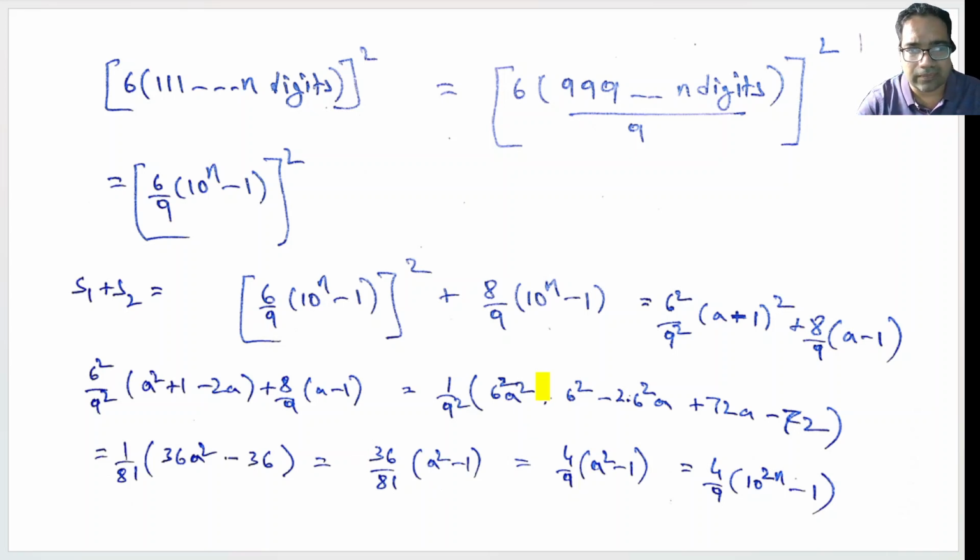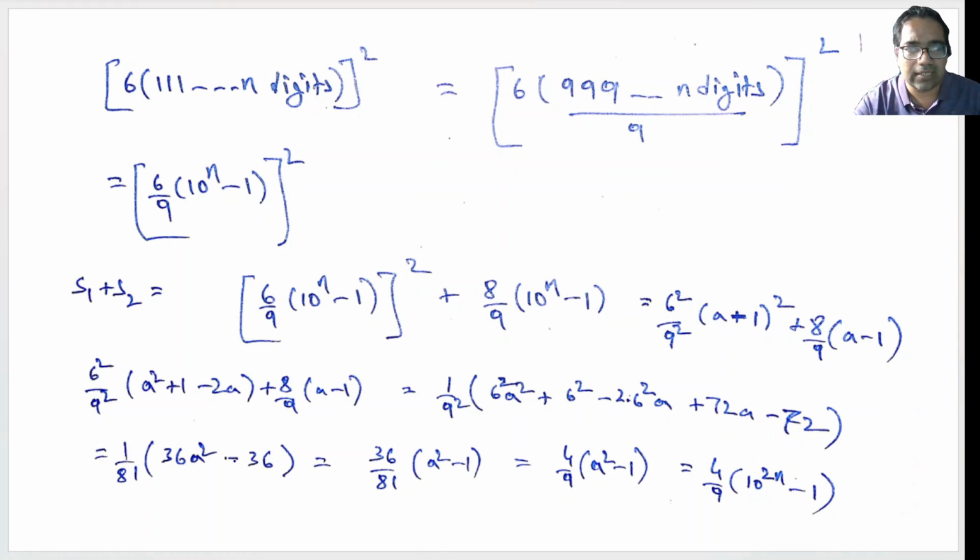What will this become? Here 6 square a square is 36a square, plus 36 minus 72a plus 72a minus 72.